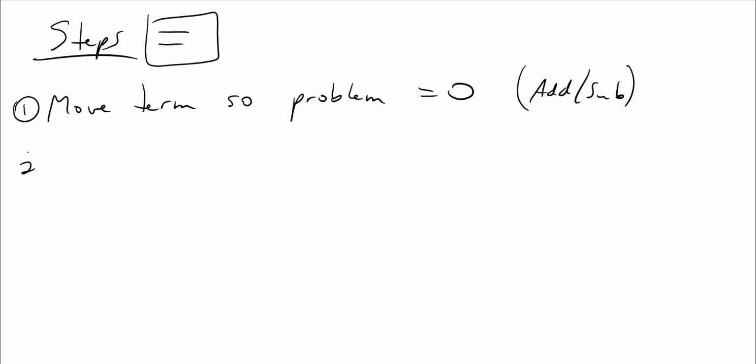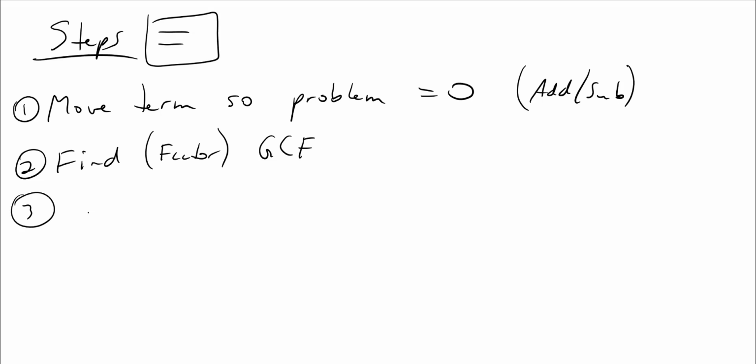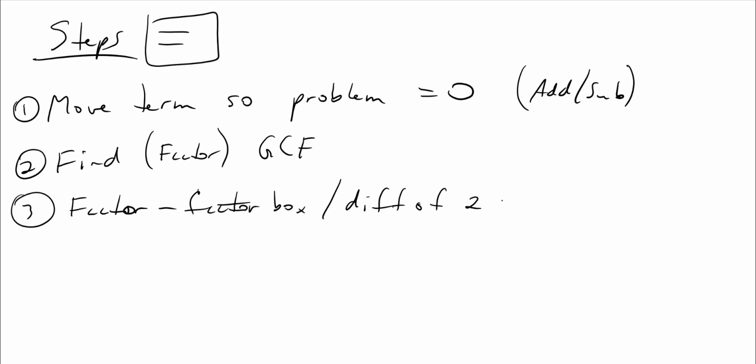The second step is you're going to find and factor your GCF. So you're always going to look for the GCF. The third step is you're going to factor, and it's a factor box, or it could be difference of two squares.